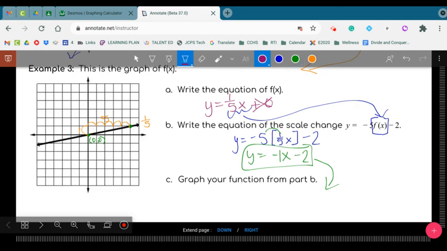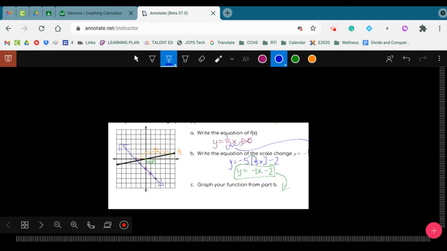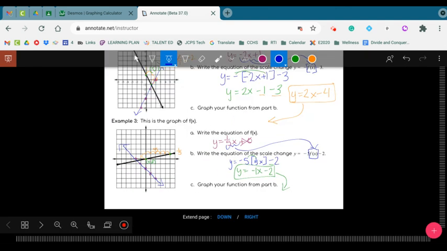You can put it into your calculator. My y-intercept's -2. Those are going to be my 2 other points, and I'm going to draw my line.